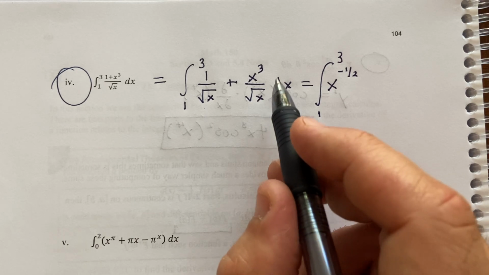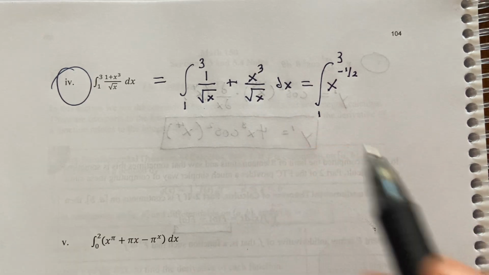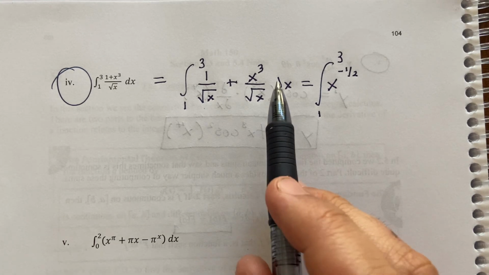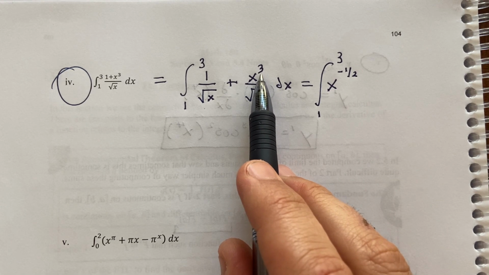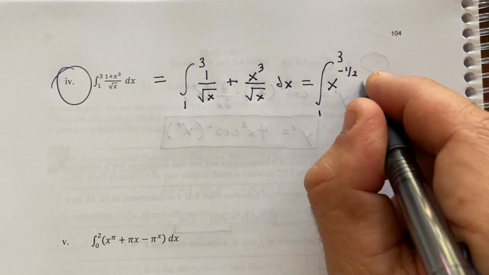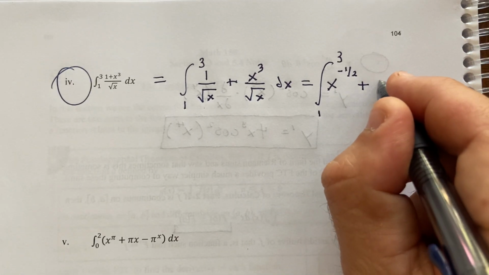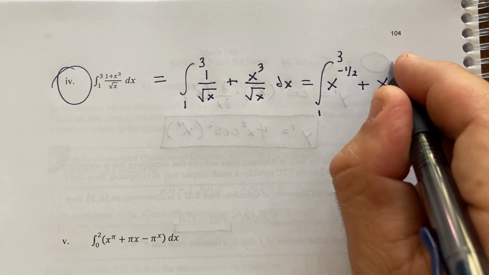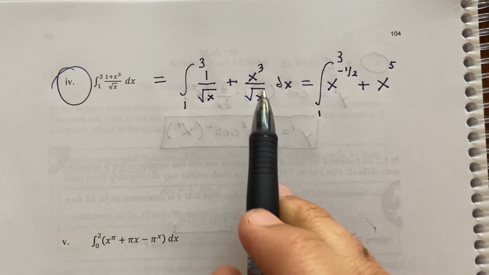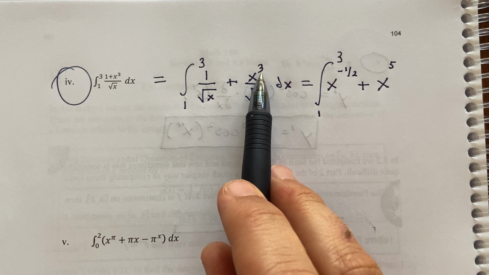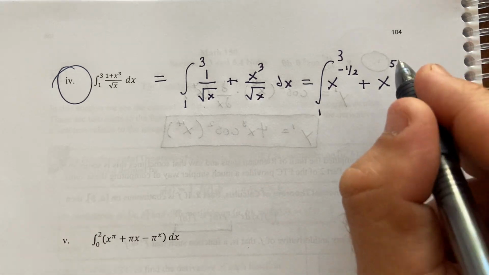And then here, x cubed over root x, I'm basically taking a half away from 3. So this would be the same as plus x to the 5 halves, right? This is the same as 6 halves. Take one of those halves away and get 5 halves.